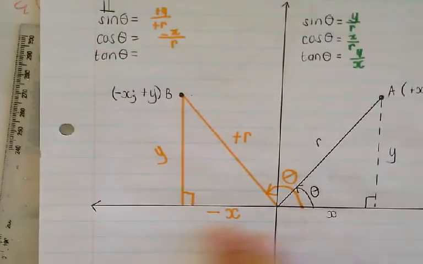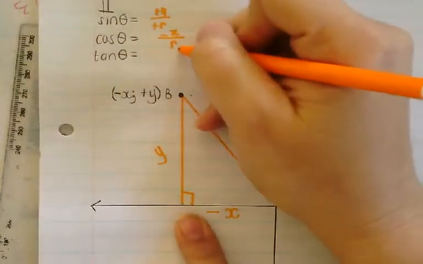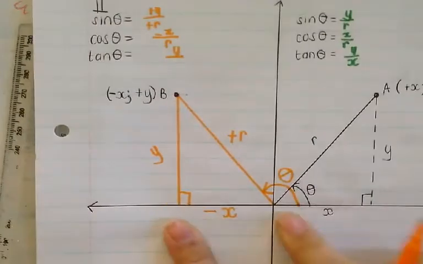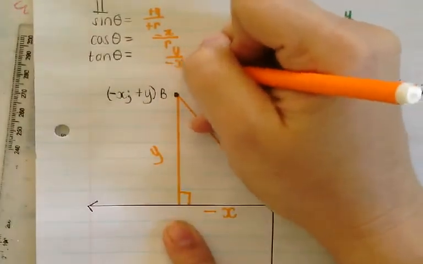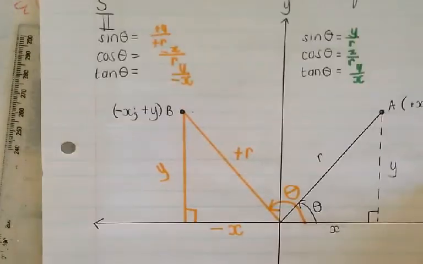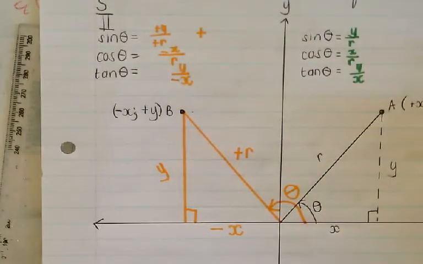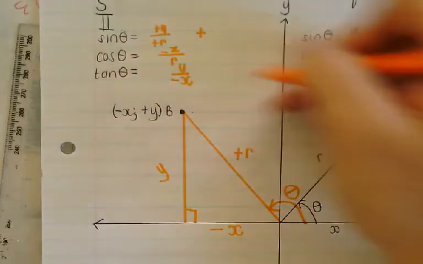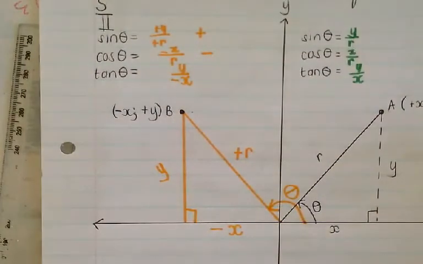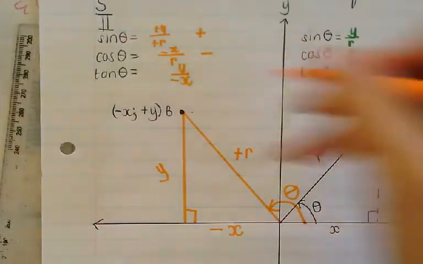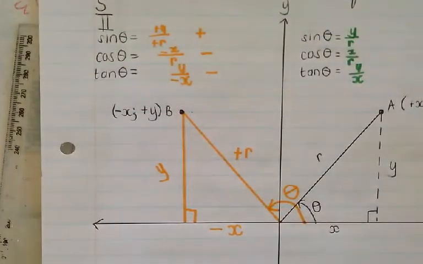And tan, which is opposite y over adjacent, which is negative x. So we have sine, positive. Cos is negative. And tan is? So which is the only one that is positive?